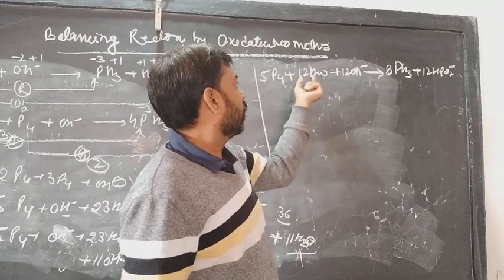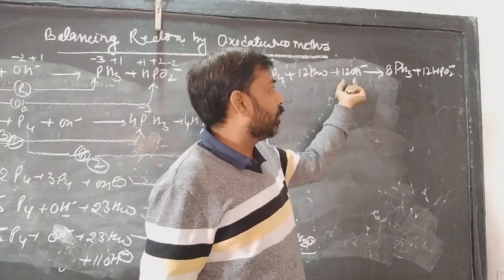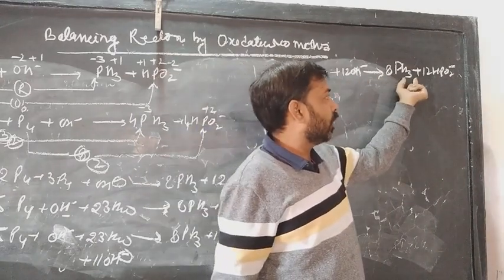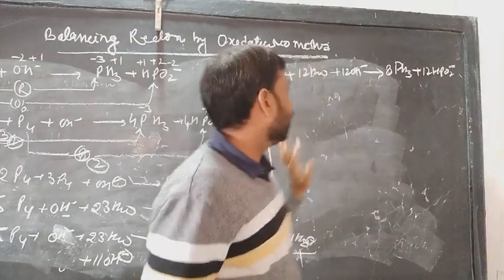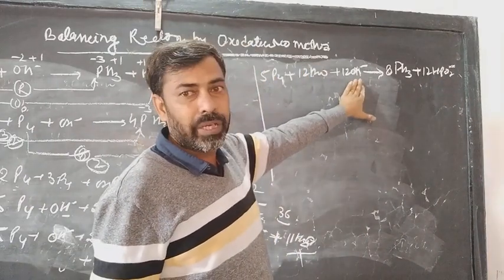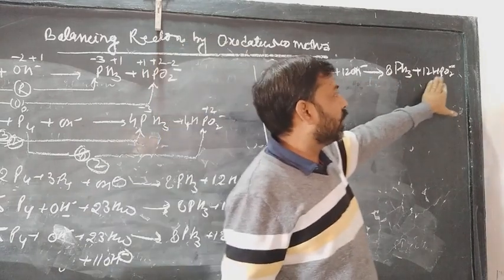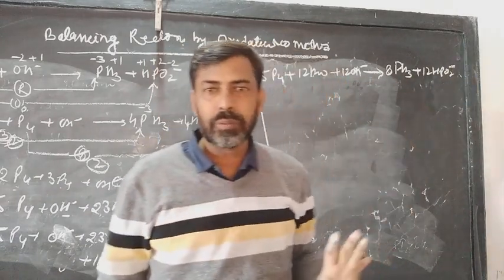Total hydrogen 12 times 2 is 24 plus 12 is 36, 8 times 3 is 24 plus 12 is 36. And finally charge, how much charge is here? 12 negative, 12 hydroxyl ions, and 12 HPO2 negative, again 12 negative.